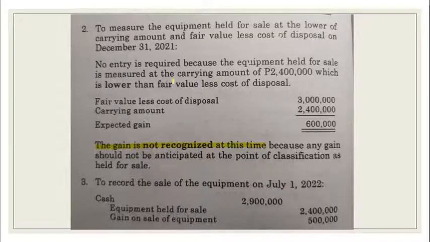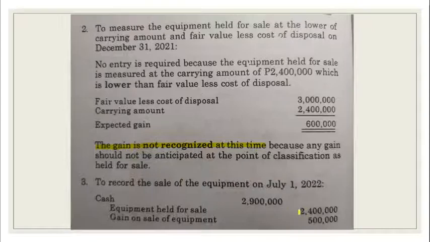Again, you do not make an entry for a gain. For impairment loss there is one, for gain there is none. Now we come to the sale of your equipment. The equipment was sold for 2.9, so you no longer recognize a gain, if ever there was one.